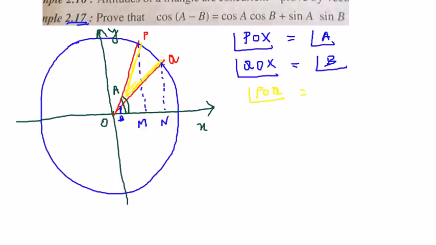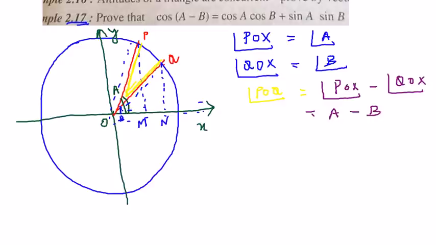What will that be? That would be the big angle, POX, minus the small angle QOX. So POQ, the yellow part, is nothing but POX minus QOX, so we can write this as A minus B.